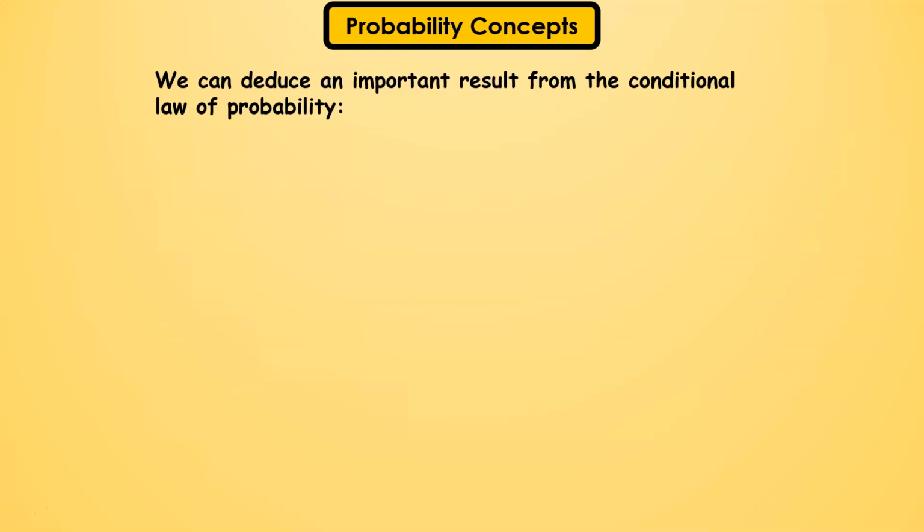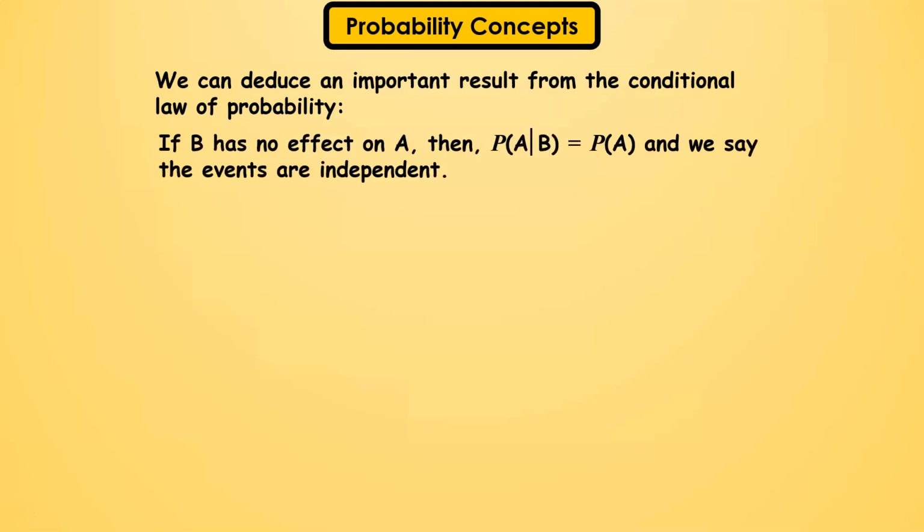One important thing about independence and the law of conditional probability: if B has no effect on A, in other words, this A given B, we say is the probability of A. For instance, going back to our original example, given that the person shops at the warehouse, what is the probability that they come from Christchurch?